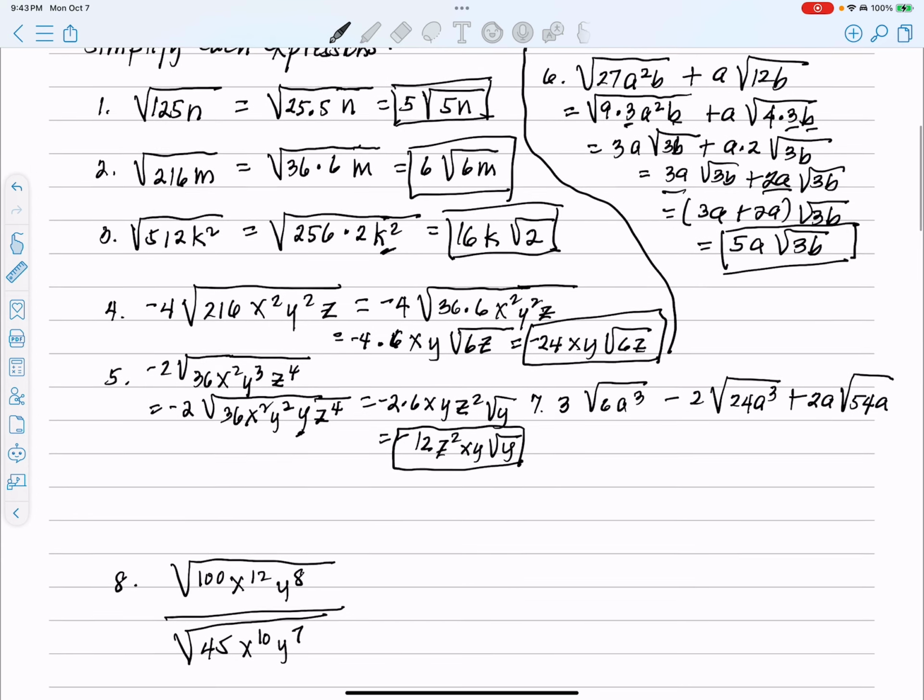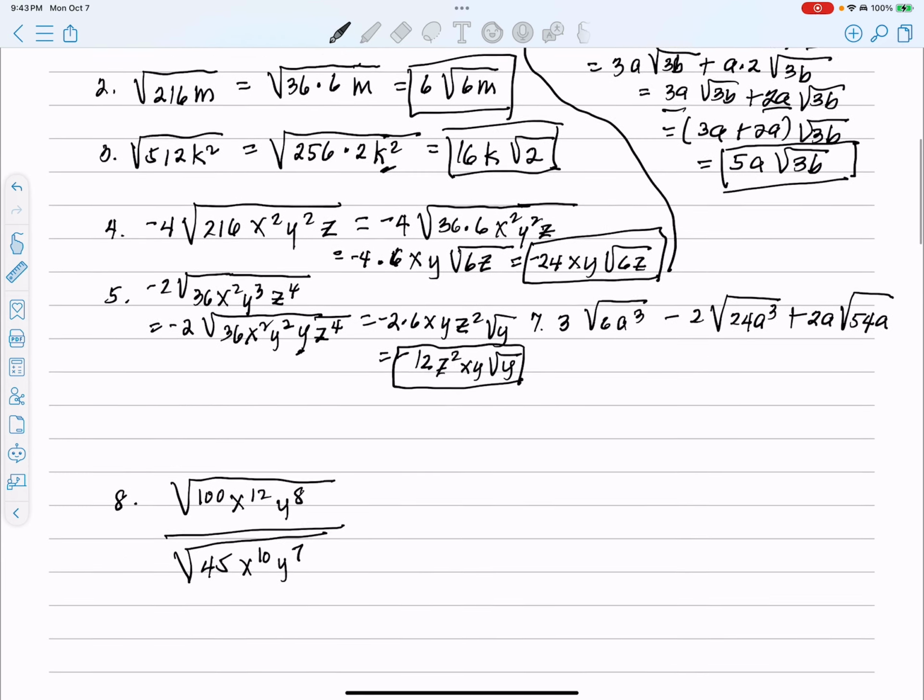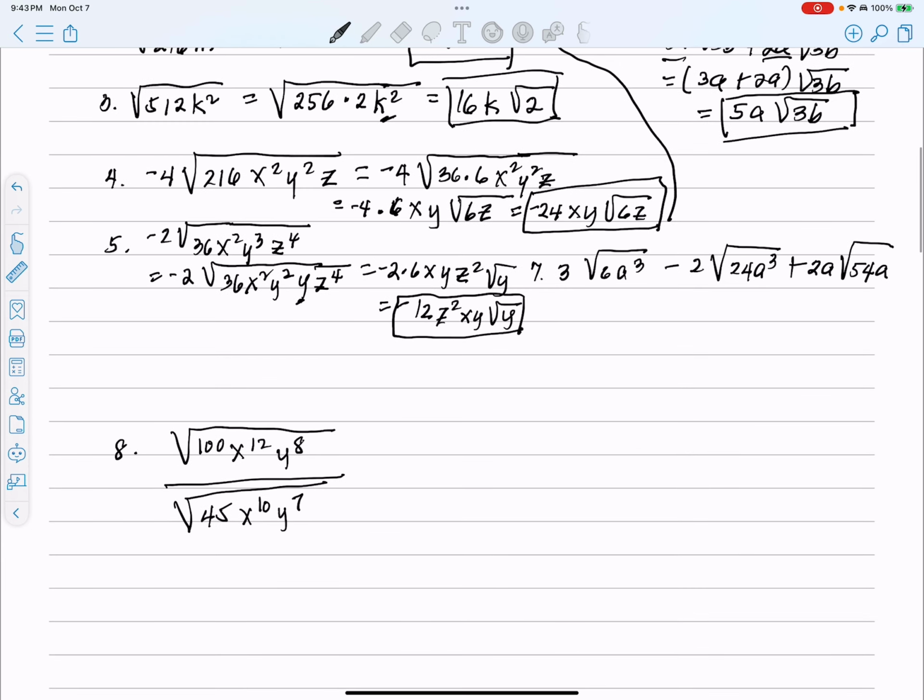I will move number 7 here. I'll bring this down. 3 square root of 6a cubed minus 2 square root of 24 a to the third power plus 2a square root of 54a.